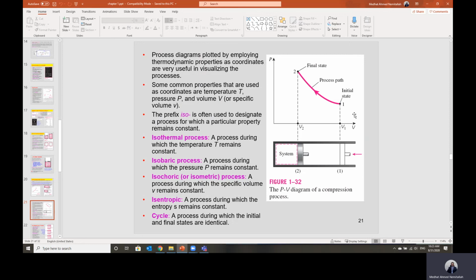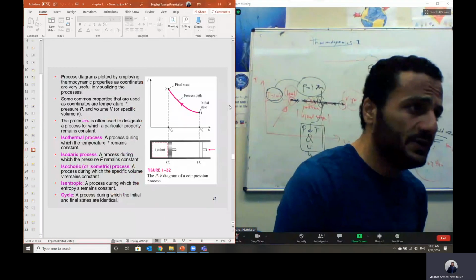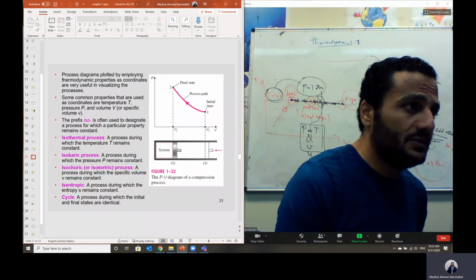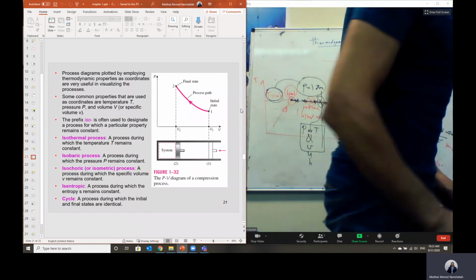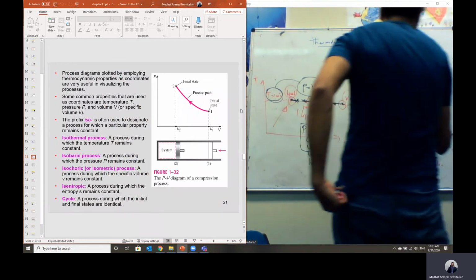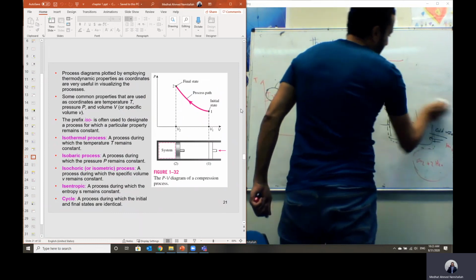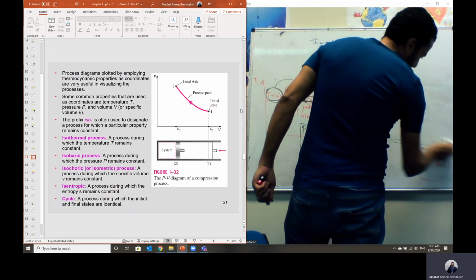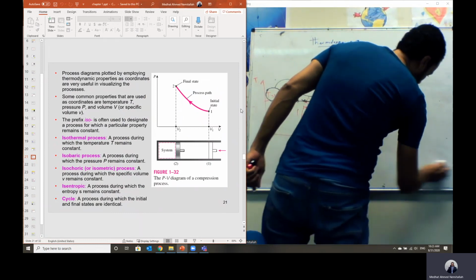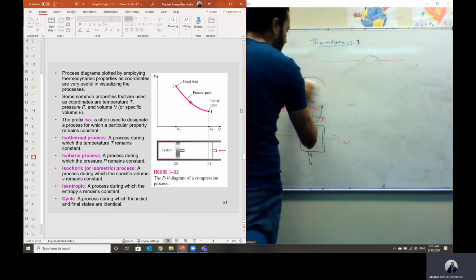This is a general process, but there are special kinds of processes called isoprocesses, which are processes in which one of the parameters is constant. Like the isothermal process. Iso means equal, so isothermal means the temperature is constant.